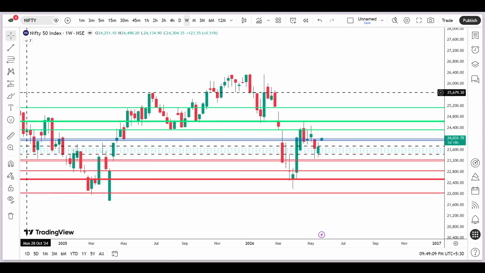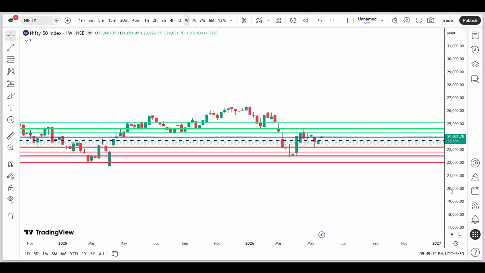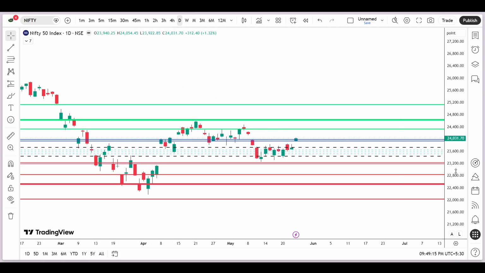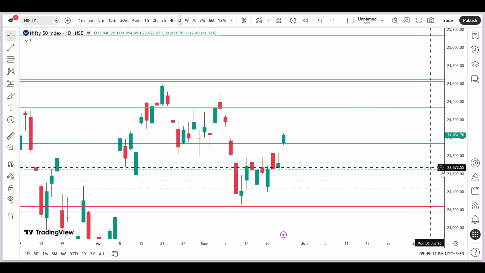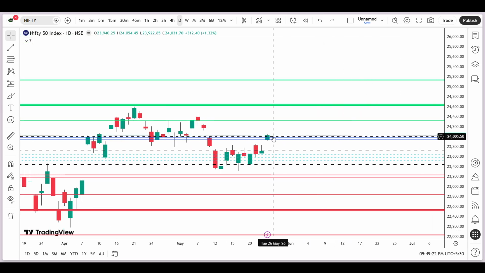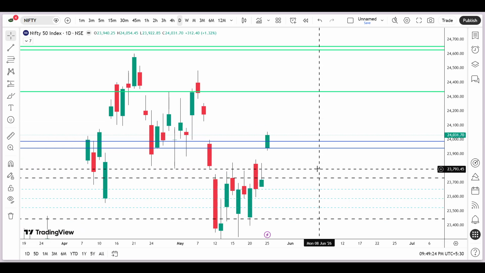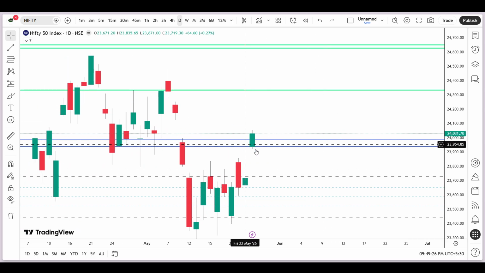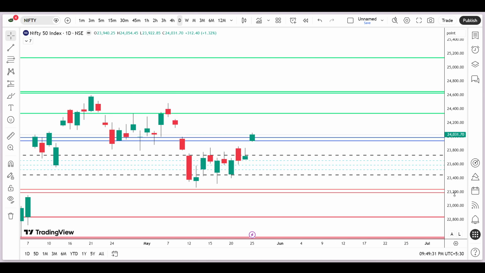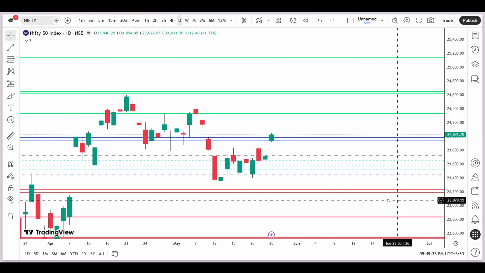Now we'll close this. Okay, we will come to the daily time frame. Friends, if you see here, it has opened on gap up. Okay, if gap up is there, how will we trade?